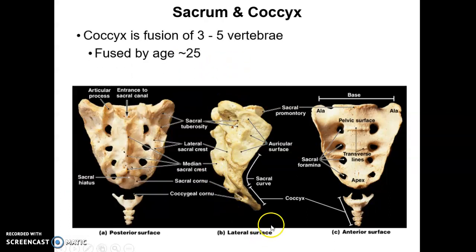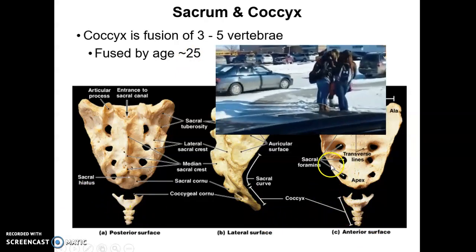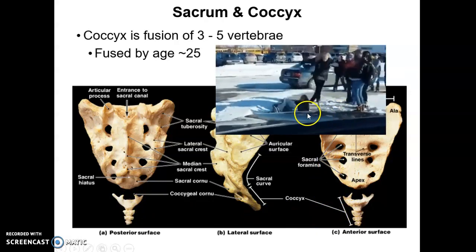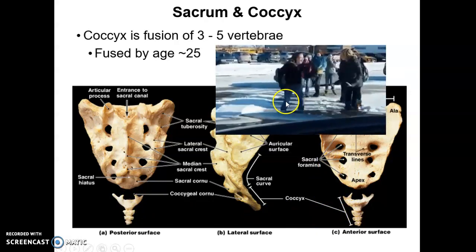And then finally, at the far distal inferior end, we have the coccyx, which is formed by a fusion of 3 to 5 coccygeal vertebrae. And again, just like with the sacrum, they fully fuse by about age 25, and that's our tailbone. And hopefully you haven't broken your tailbone by slipping and falling on your butt.